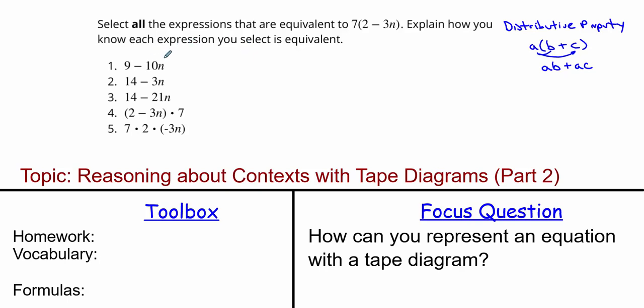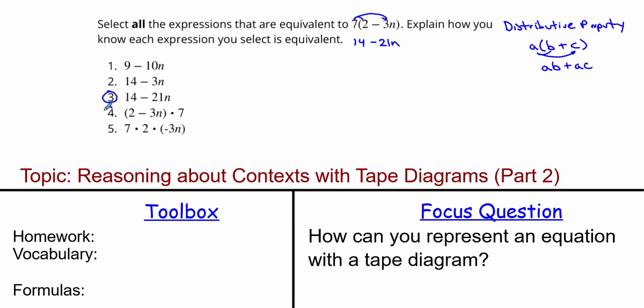So if we use that on this problem here, 2 times 7 is 14 minus 7 times 3n is 21n. So we're looking for an expression that looks like this: 14 minus 21n. That looks exactly like what we have.